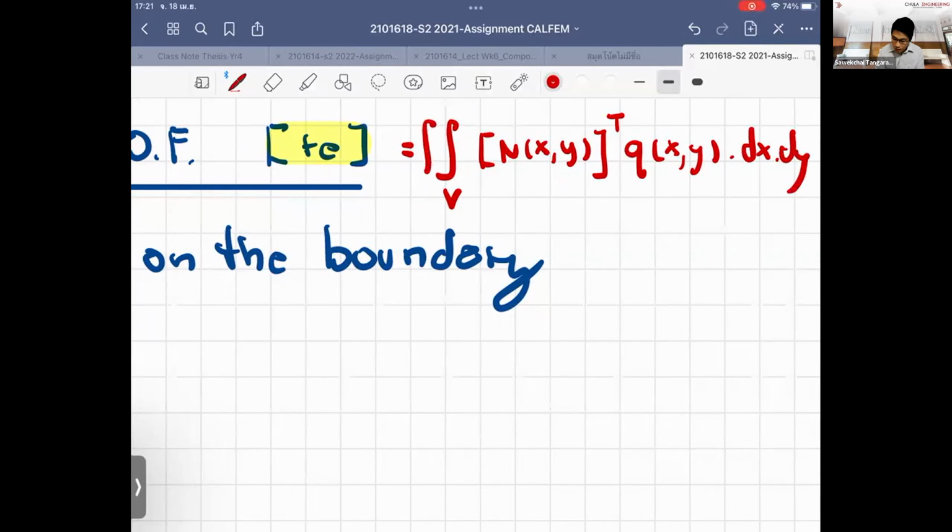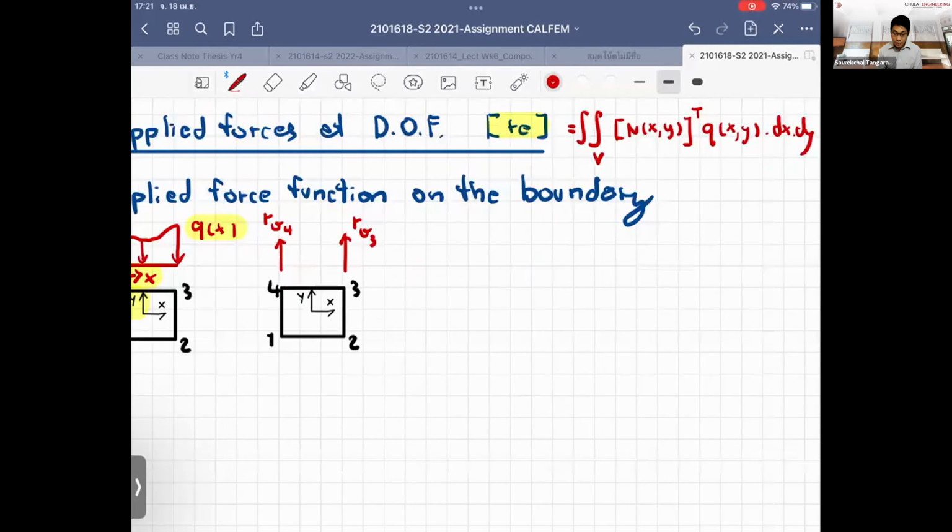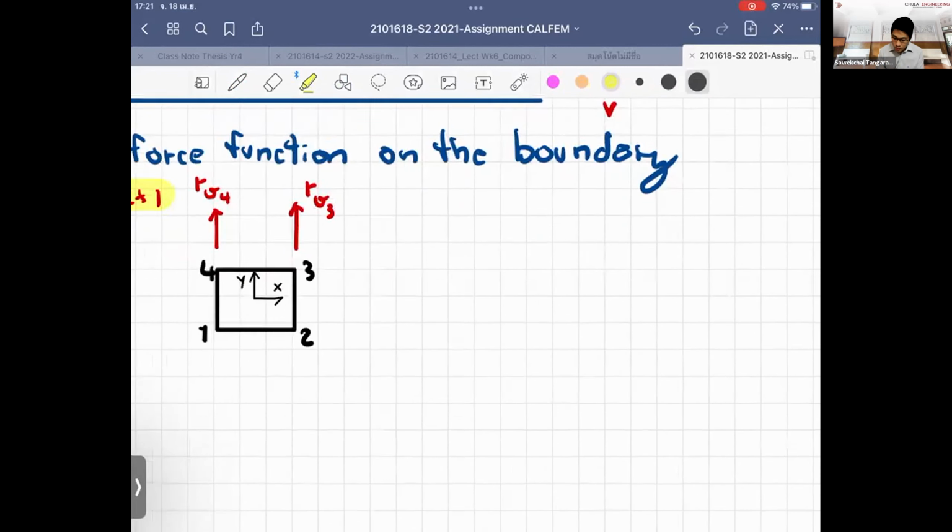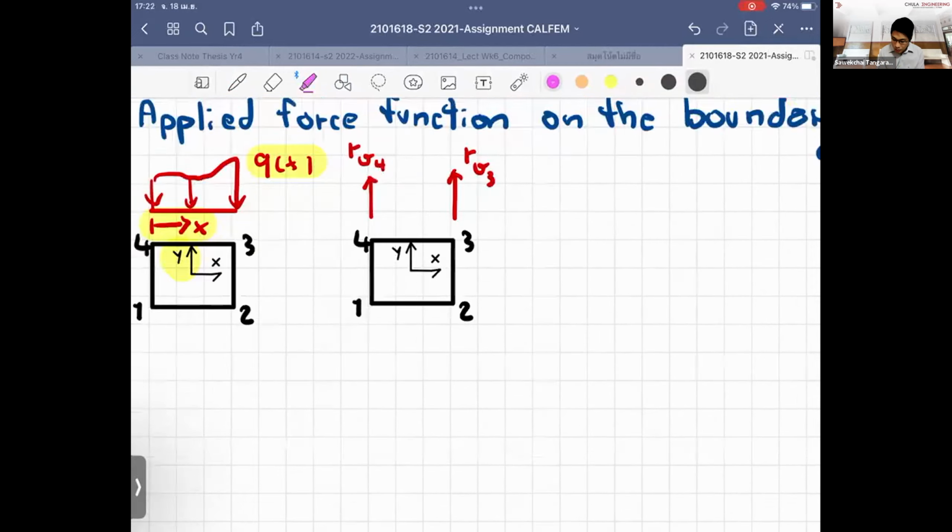This is the standard formulation of how you transform the force functions into the nodal force.